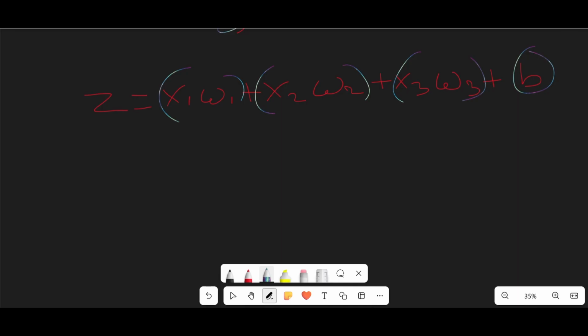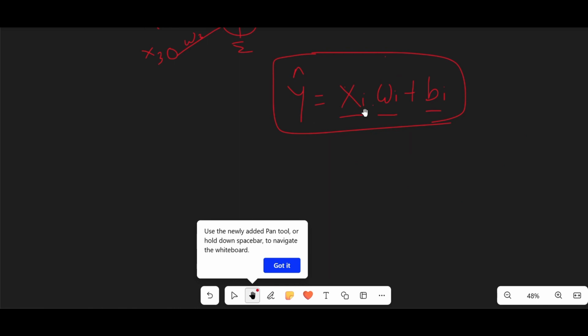To understand this concept in a better way, we will see one practical example. To understand this formula, we will see one example. Suppose we want to predict a student's exam score based on hours studied and attendance percentage.